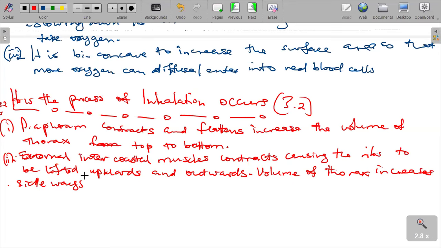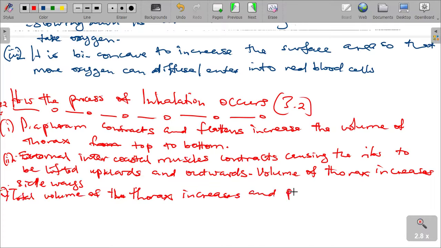And then one other thing is that the total volume of the thorax cavity increases, and the pressure on the lungs decreases.